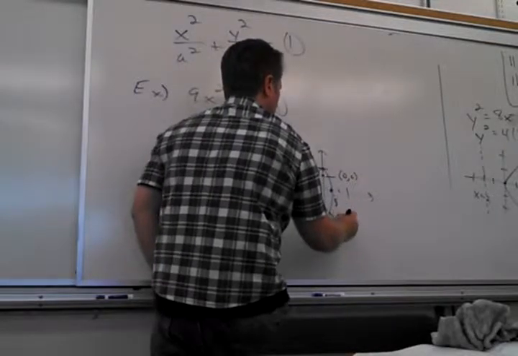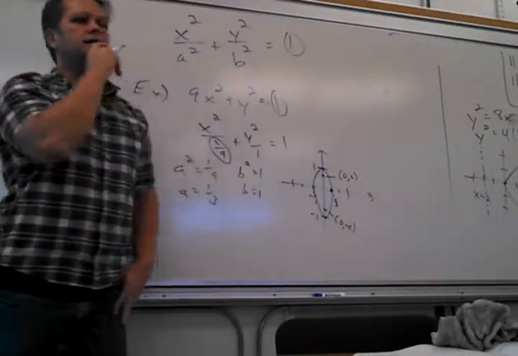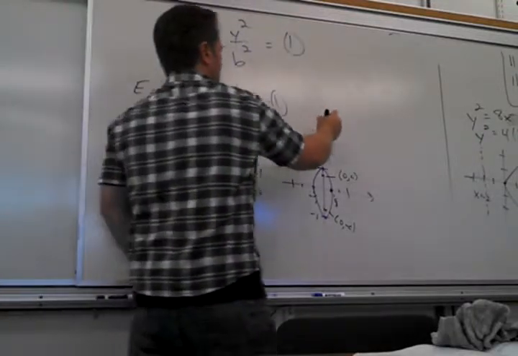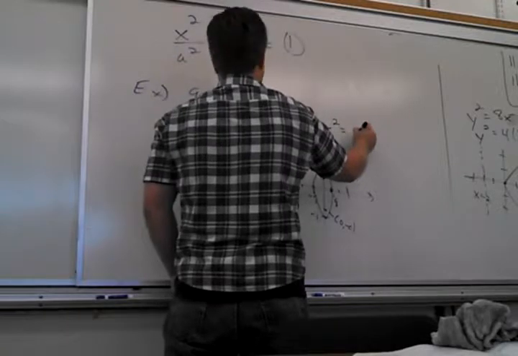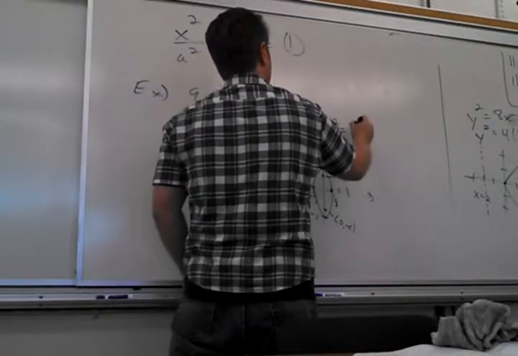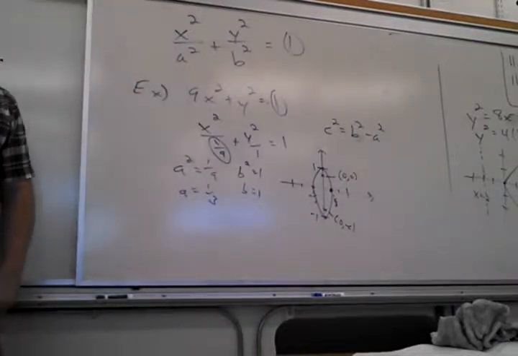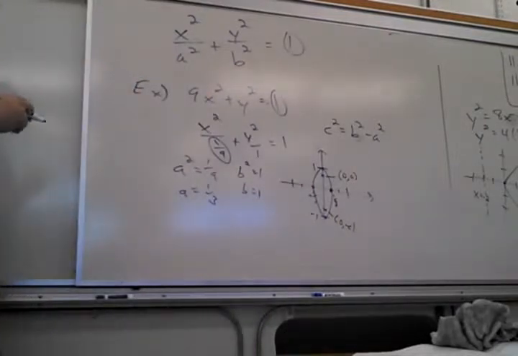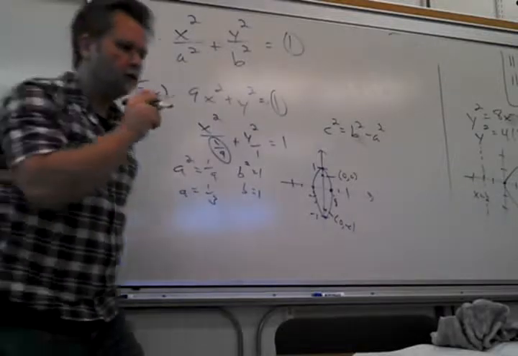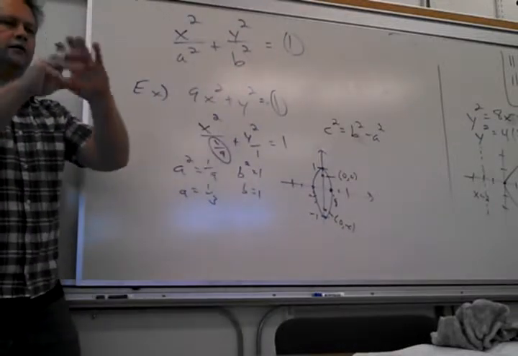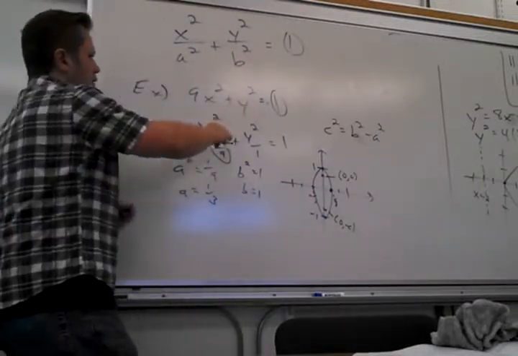We use the letter C. And here's how you find C. Here's the semi-evil part of this. This is another reason why I don't care about the A and the B. Foci, because there's two. And for ellipses, if I'm not mistaken, I'm already going against what this thing says.